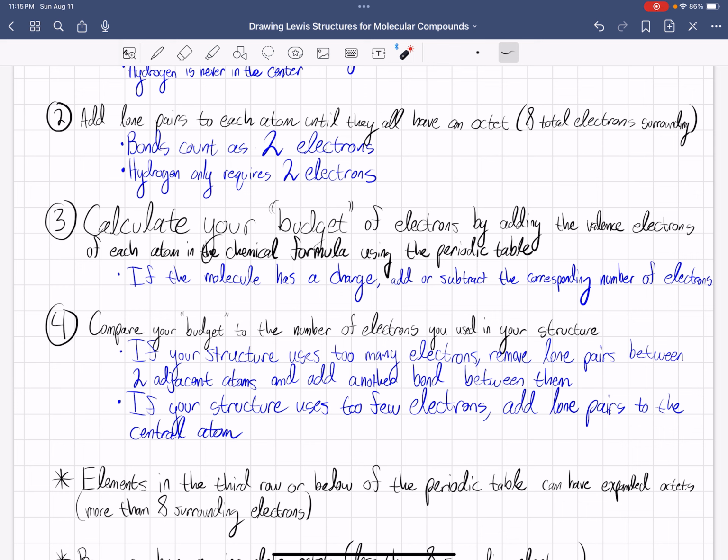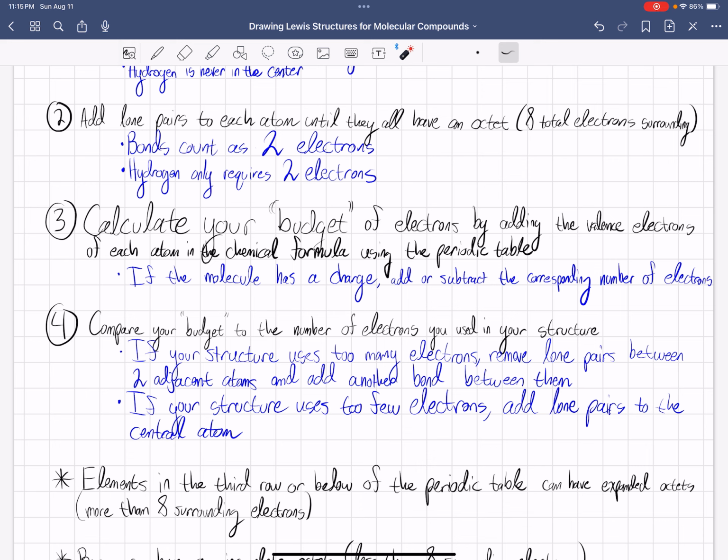However, if you're doing a Lewis structure for an ion or a charged molecule, you'll need to change that total depending on the charge. For instance, if the molecule you're doing has a charge of -2, you'll need to add 2 additional electrons to the total that you got.